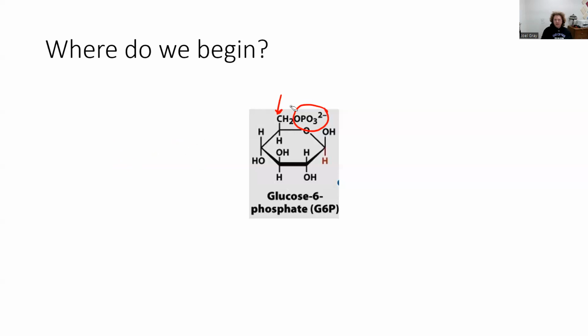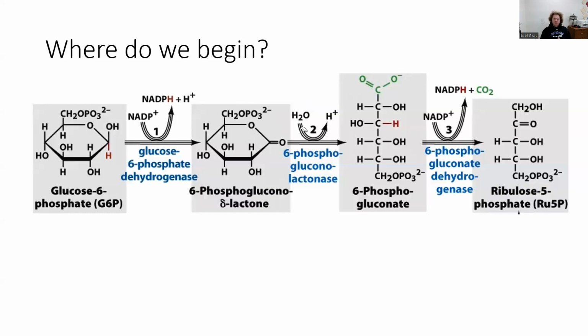Now, the next thing that's important to recognize about the pentose phosphate pathway is this right here. For context, this is basically the top portion of our pathway. What I think is a very key part of your understanding of the pentose phosphate pathway is looking right here.